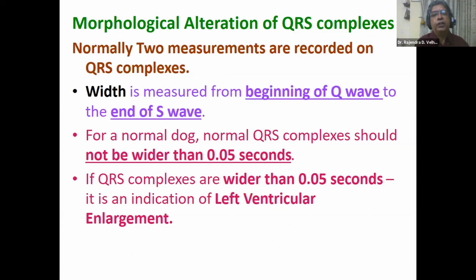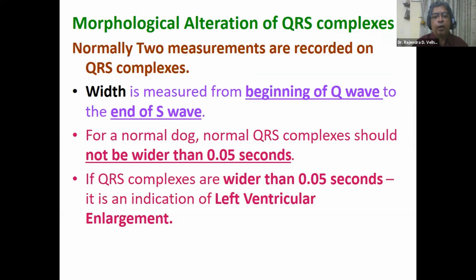Now let us see the morphological alterations occurring in the QRS complexes. Normally, two measurements are recorded on QRS complexes. First is the width of the QRS complex, which is measured from the beginning of the Q wave to the end of the S wave.